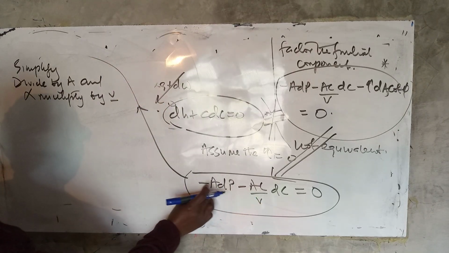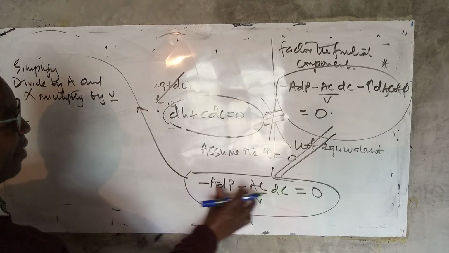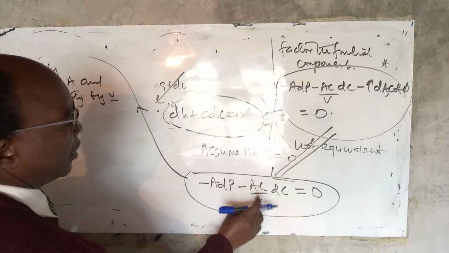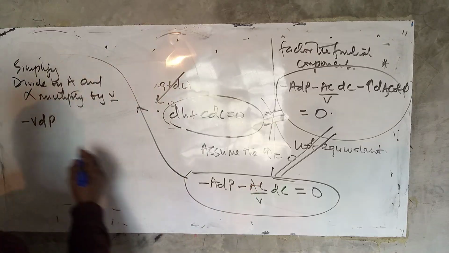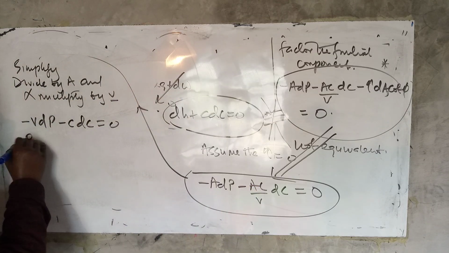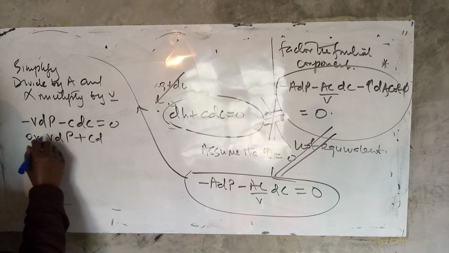A will disappear, so we'll have V dP, and minus C dC equals 0, or V dP plus C dC is equal to 0.